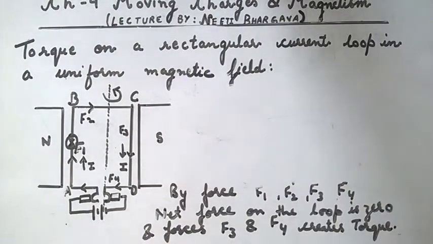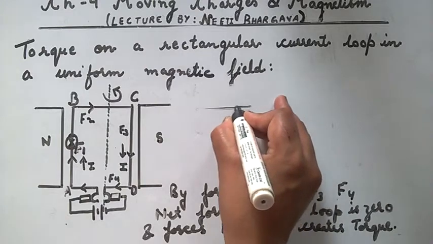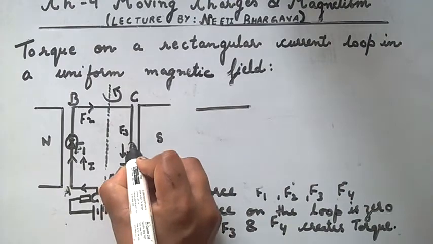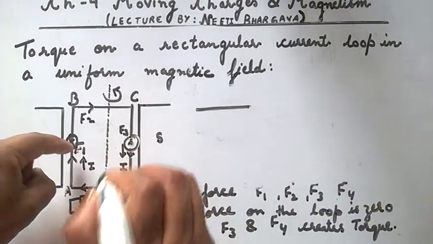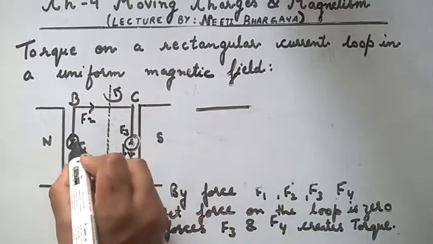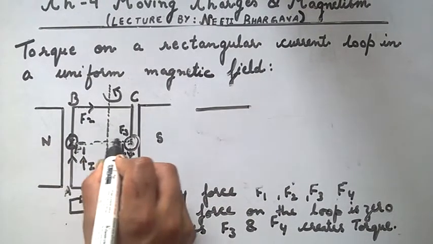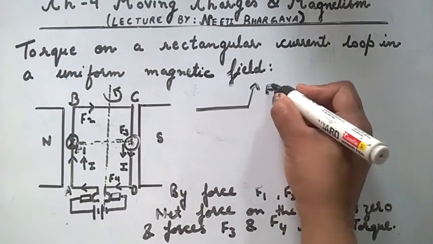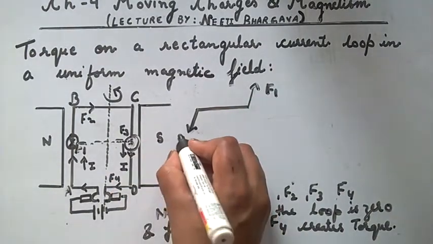The torque is given by this diagram. The perpendicular distance between these two opposite forces matters: one force is going into the plane and the other is going out of the plane of the paper. This is the direction of force F1, which is going into the plane, and this is the direction of force F3, which is coming out of the plane of the paper.